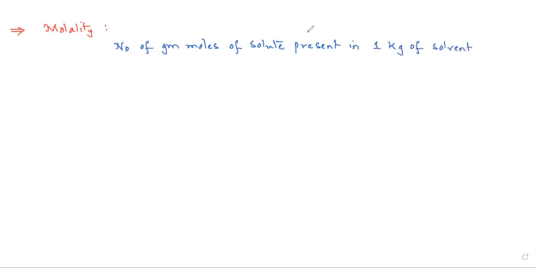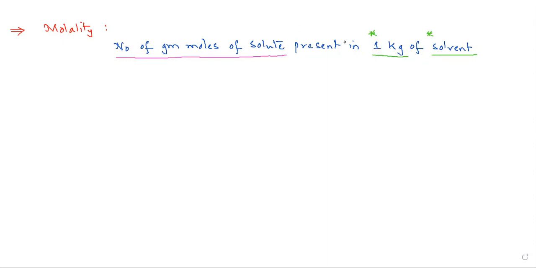Right. See the difference between molarity and molality. In both cases, it is the number of gram moles of the solute that we consider. In case of molarity, it is 1 liter of the solution. But in case of molality, it is 1 kg of the solvent, not the solution.